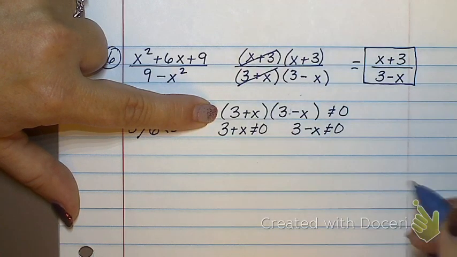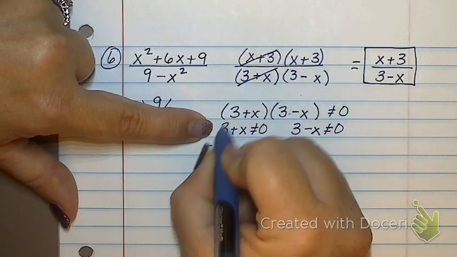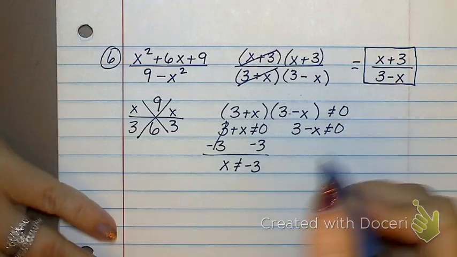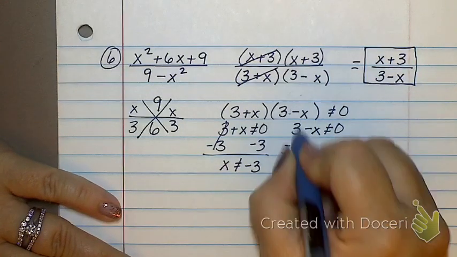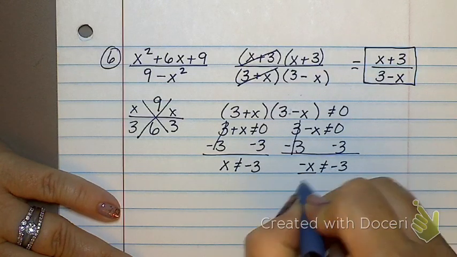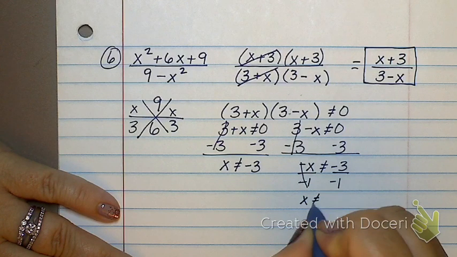You have to set each part equal to 0. So x cannot equal negative 3. Negative x cannot equal negative 3. Divide by negative 1. X cannot equal positive 3.